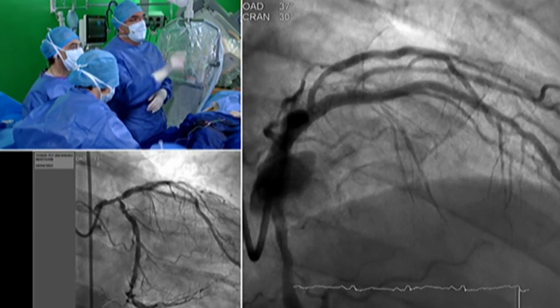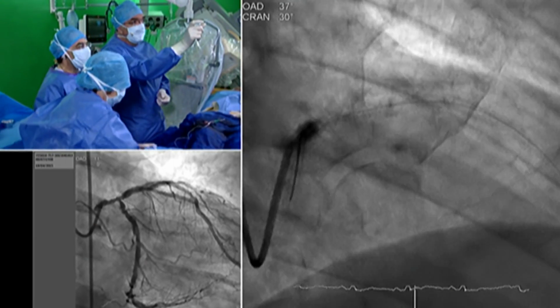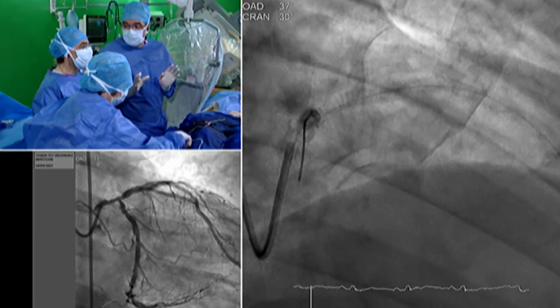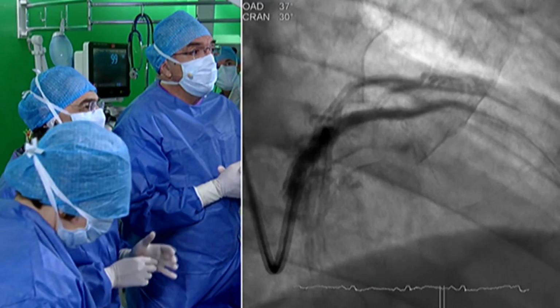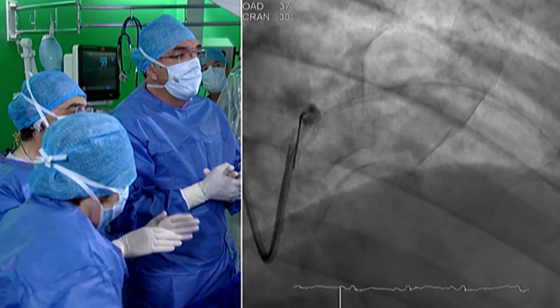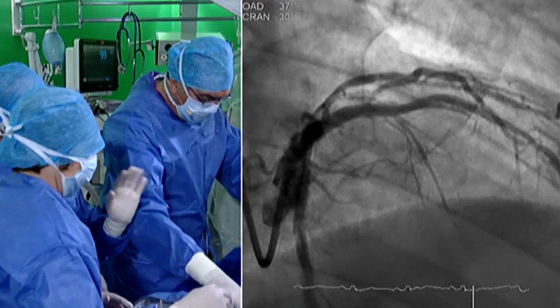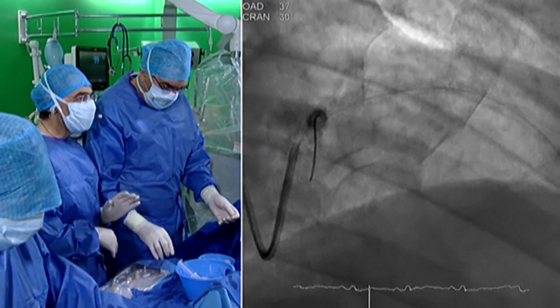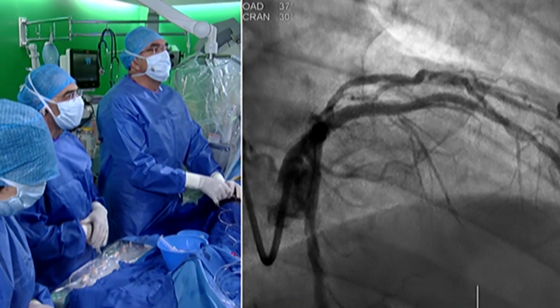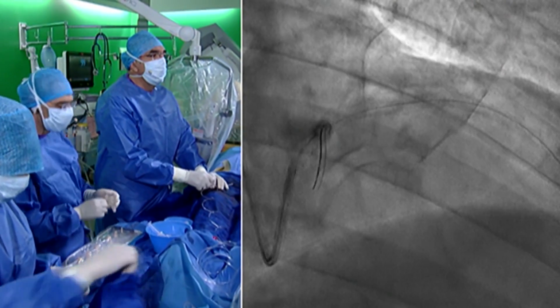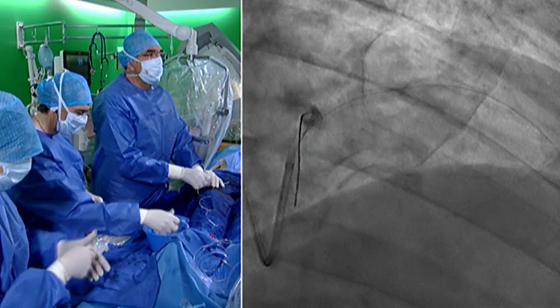So what do you think? You need to place an additional stent in between, or leave it like that? Maybe we can leave it. We are going to be concentrating on finishing the left main first. And then we will be back and we will see with the last scan of OCT.